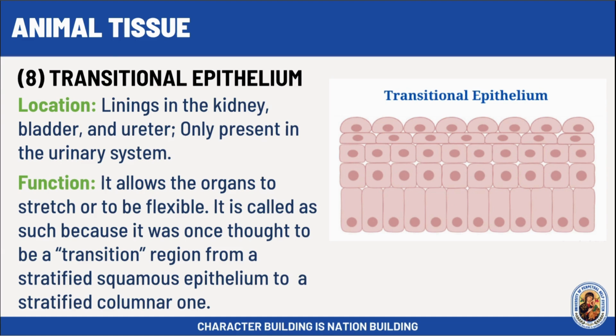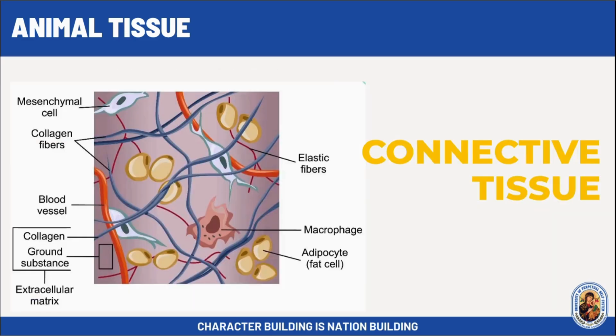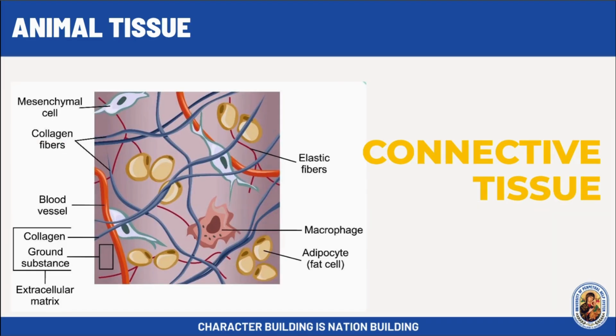So it's important that the lining of it is also expandable so that it can do its purpose correctly, so that it stretches and has a larger holding limit, kumbaga.